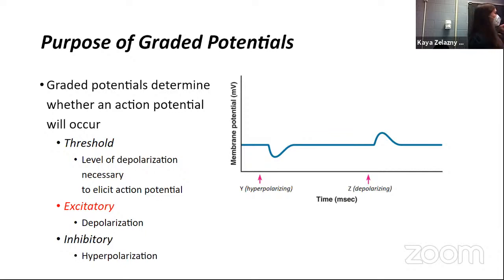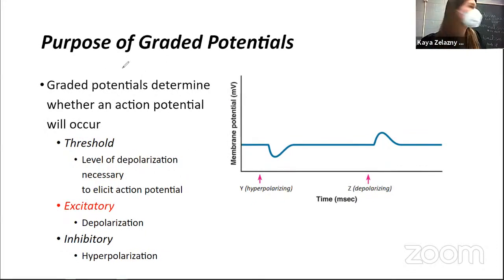So in order to fire off an action potential, which would be the next step if we get a bunch of graded potentials that get really big, if we hit a threshold of negative 55 millivolts, then we will fire off an action potential.